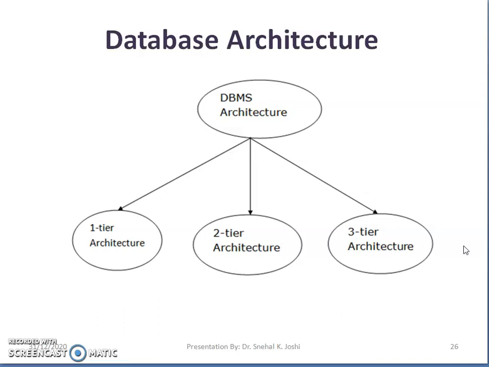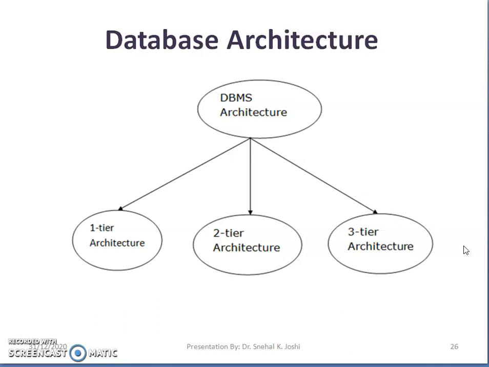The client server architecture consists of many PCs and workstations which are connected via the network. So DBMS architecture depends upon how users are connected to the database to get their required requests done.